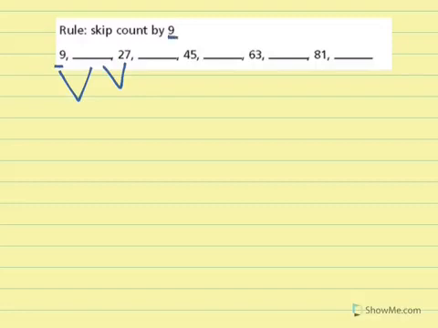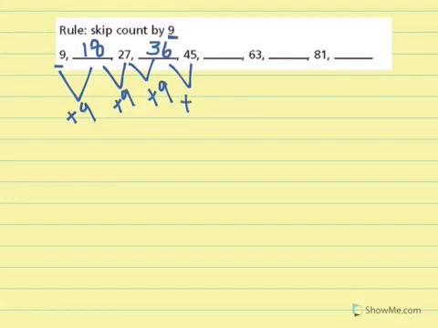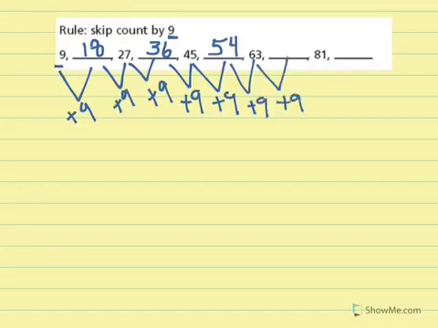And if I'm skip counting by 9, I'm going to go 9 plus 9, which is 18, plus 9 is 27, plus 9 is 36, plus 9 is 45, so our rule is working, plus another 9, plus 9, plus 9. So I'm going to follow that pattern.